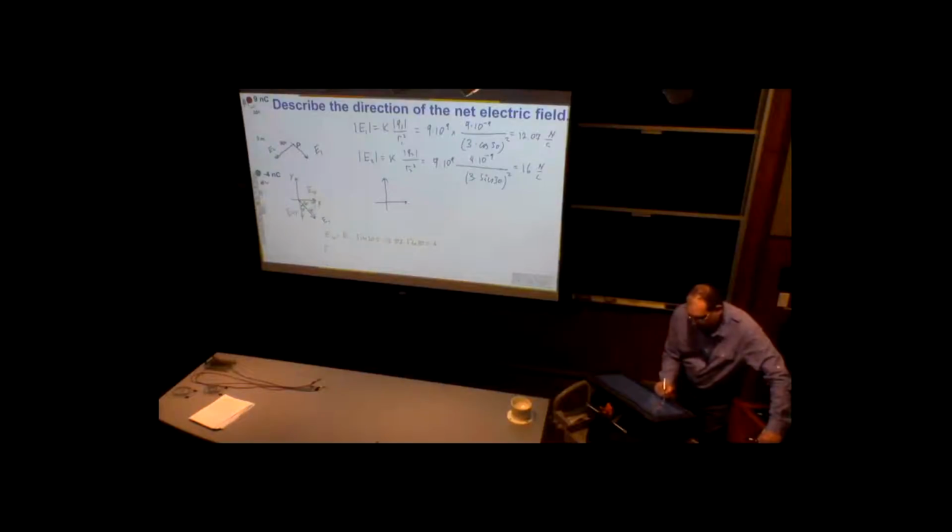The y component, please tell me what should I write for the y component. What do you think? Is it correct? Is it wrong?